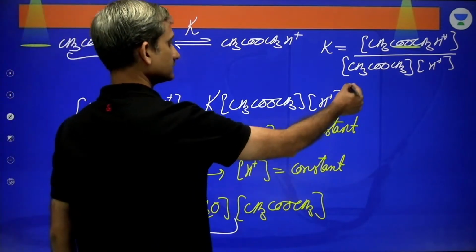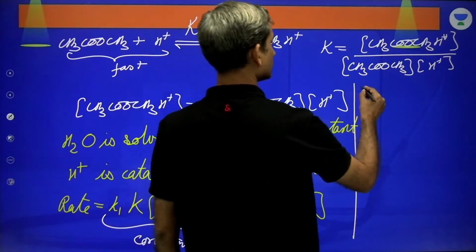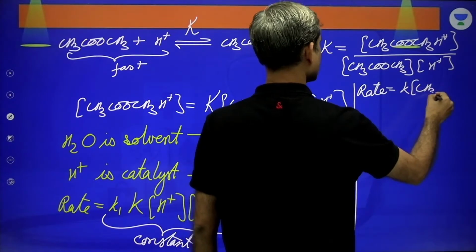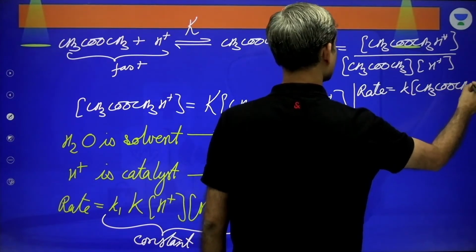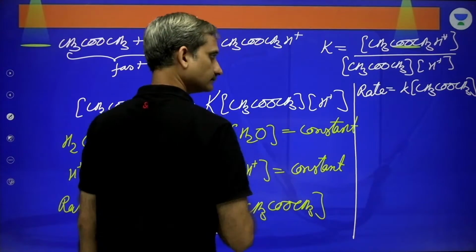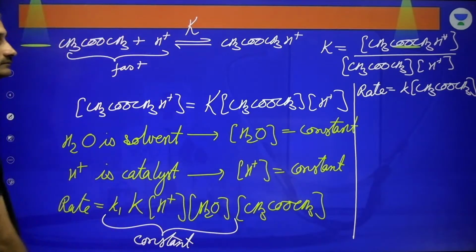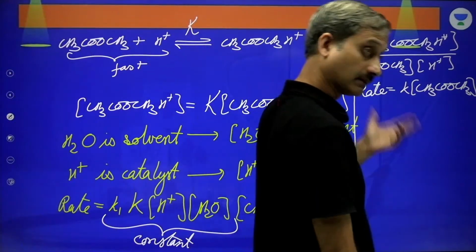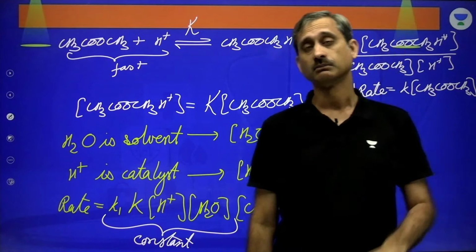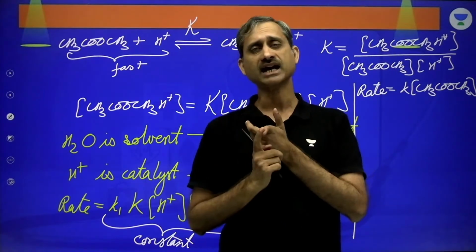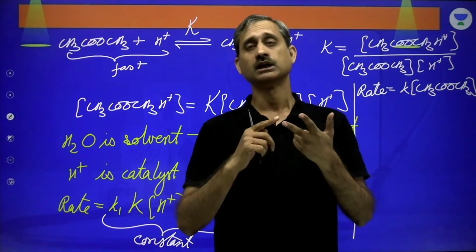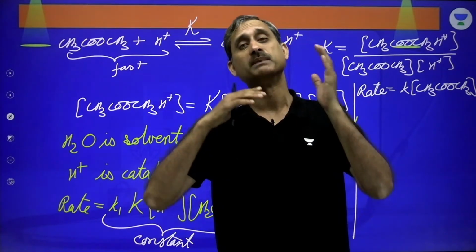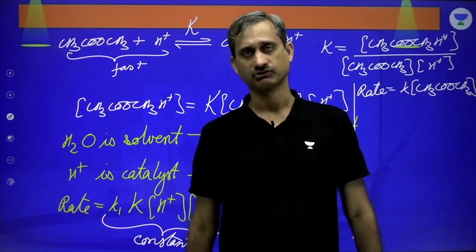So that means rate is equal to K into CH3COOCH3. Now if you talk about this reaction, it's a multi-step, multi-molecular reaction, but one of the reactants is a catalyst and another reactant is a solvent, so the reaction becomes a first order reaction.